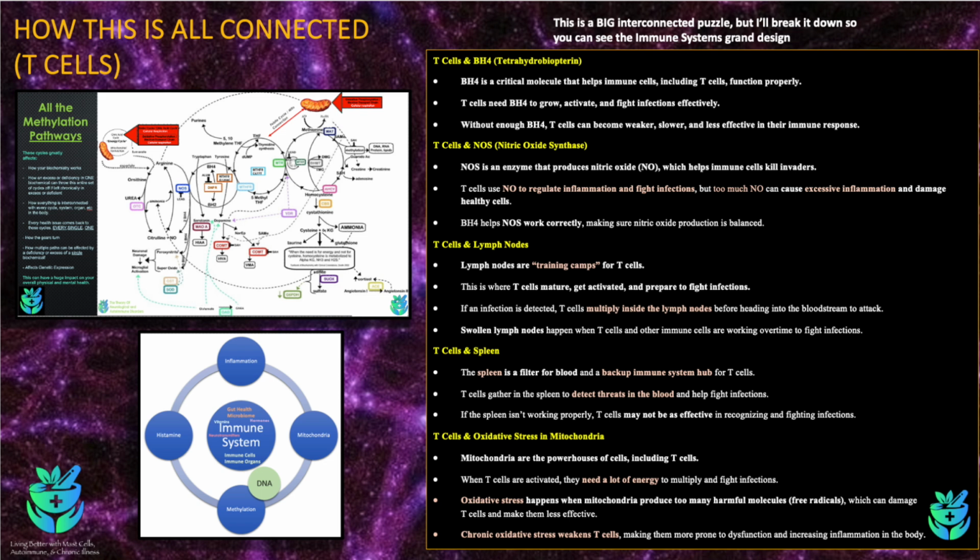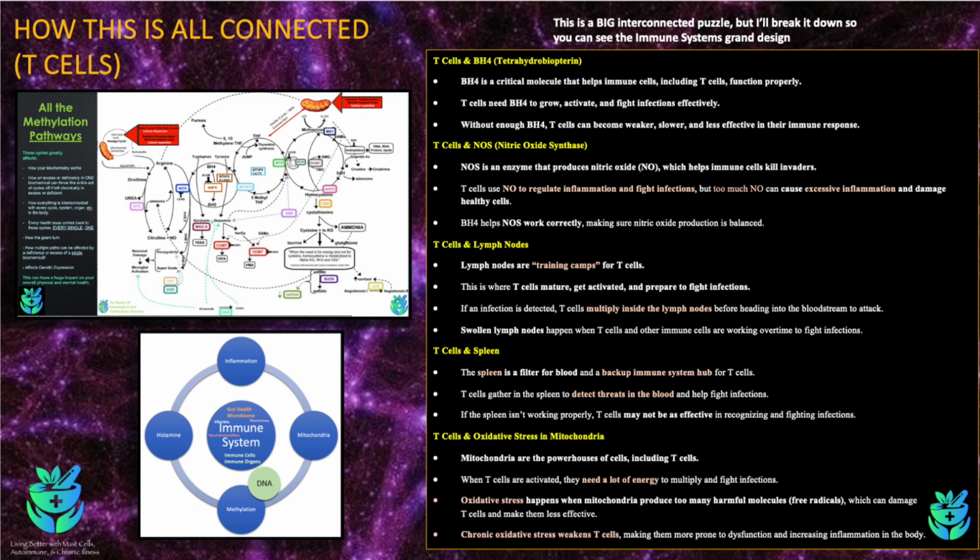So your T cells need BH4 to grow, activate, and fight infections effectively. Without enough BH4, the T cells can become weaker, slower, and less effective in their immune response. Now, I was talking about the NOS. NOS, in methylation, is an enzyme that produces nitric oxide, which helps the immune cells kill invaders.